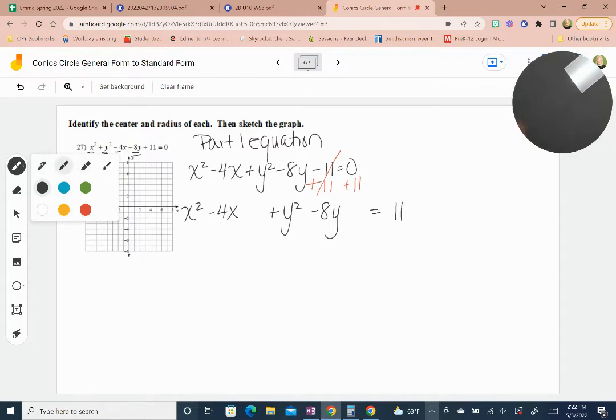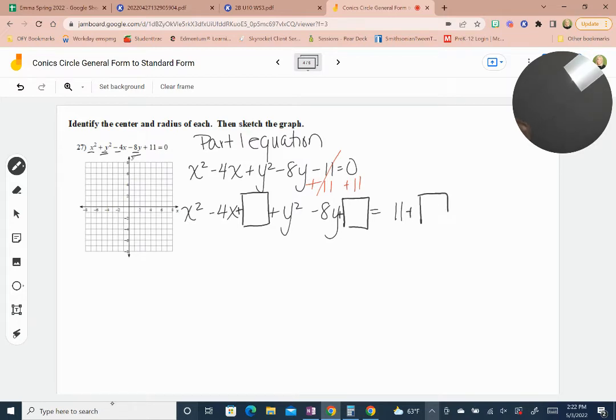And these are all adding. Okay, great. So now we take our coefficient of x and y, divide it by 2, then square it.